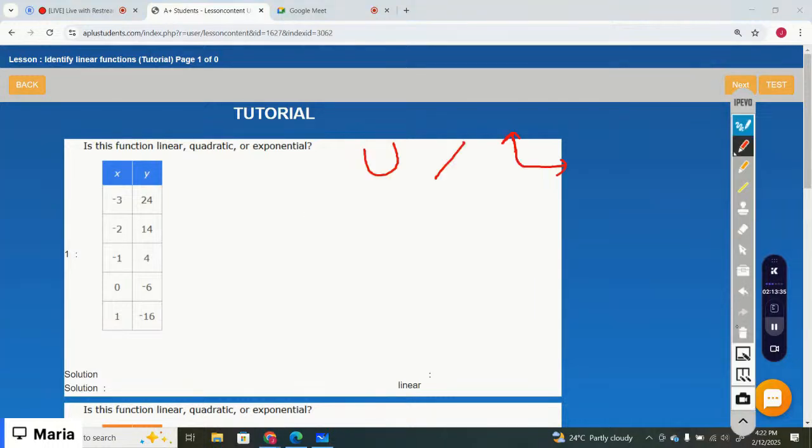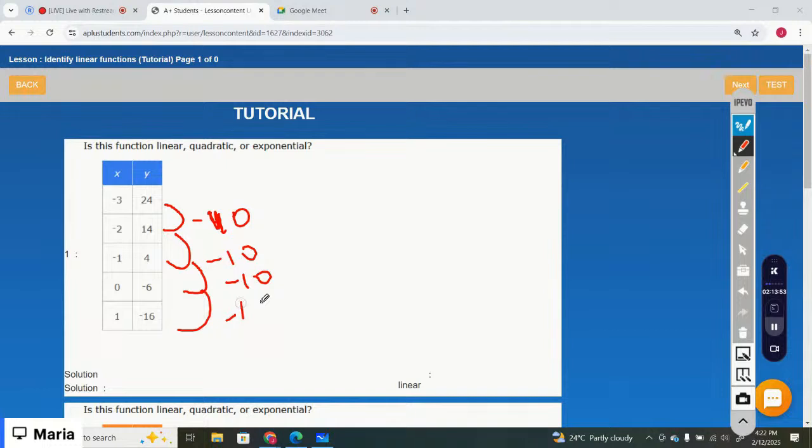You have to calculate the difference of y values. 14 minus 24 is negative 10. 4 minus 14 is negative 10. Negative 6 minus 4 is negative 10. So if the difference of the y values is constant, that means the graph is a linear function. So the given function is the linear function.